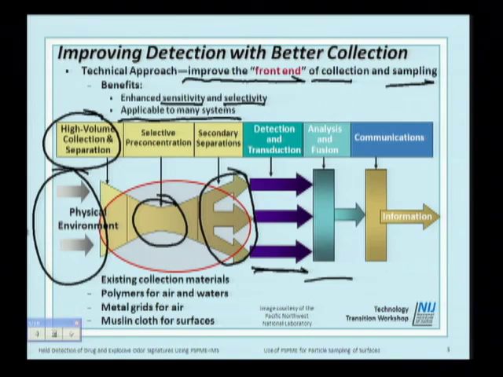Now then, after you have a signal from the instrument, you have to interpret that signal. We could automate some of that and turn it into a green light, red light situation. That's the analysis and the fusion, and then that goes to the decision maker. What happens next? What's the policy when you have this green light, red light? What does it mean?